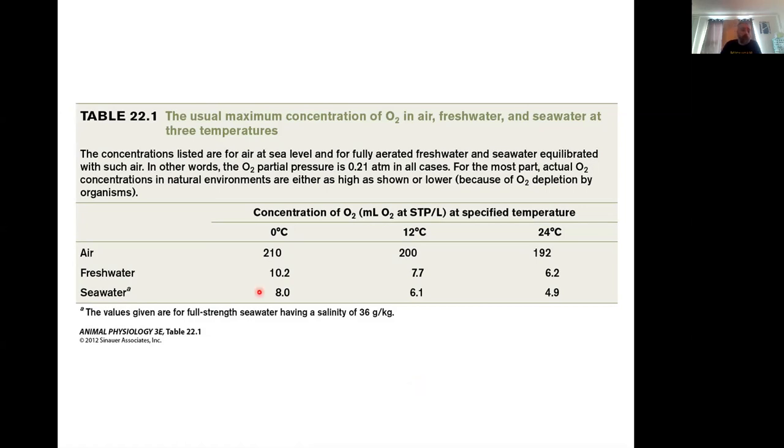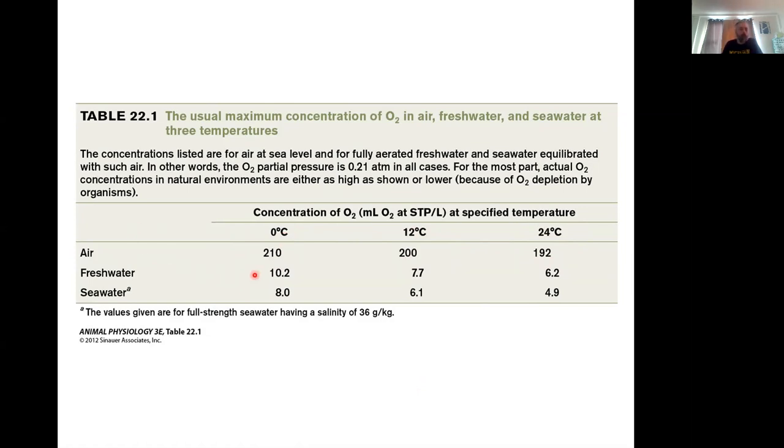If we look at life in air, for example, concentration of oxygen at a variety of temperatures is pretty high in all cases. So 0 degrees freezing, 24 degrees fairly warm, somewhere in the neighborhood of about 200 mils per liter, which is pretty good. It doesn't change a whole lot with temperature. It's always pretty high. Life is easy.